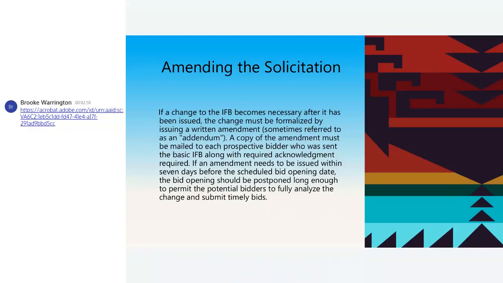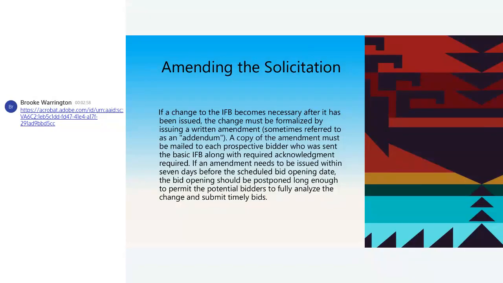Okay. So if you should need to amend your solicitation, if a change to your IFB becomes necessary after you've issued it, that change has to be formalized by issuing a written amendment, sometimes referred to as an addendum.